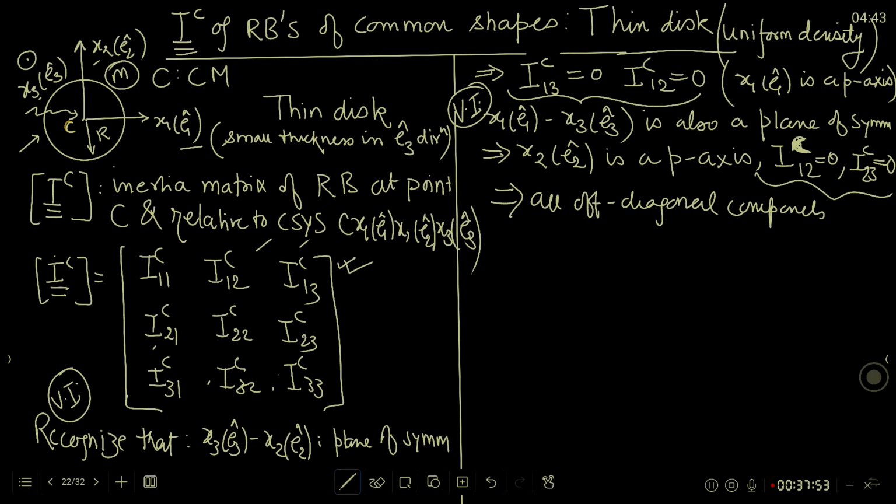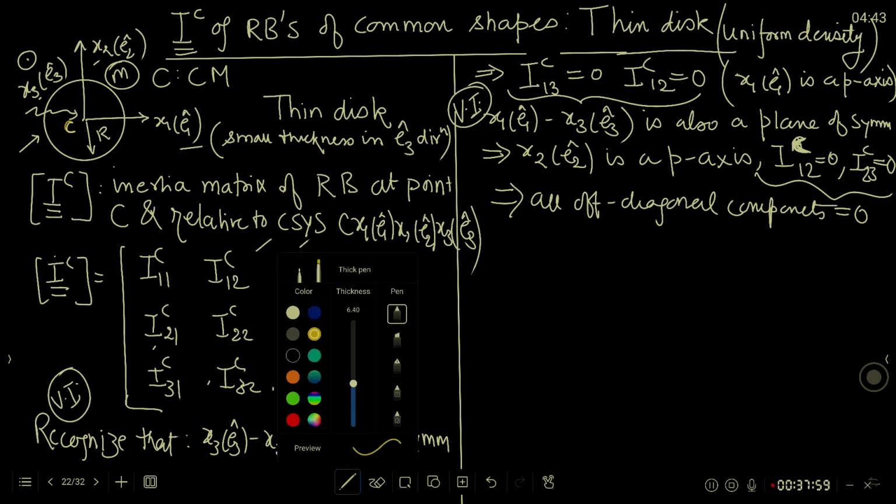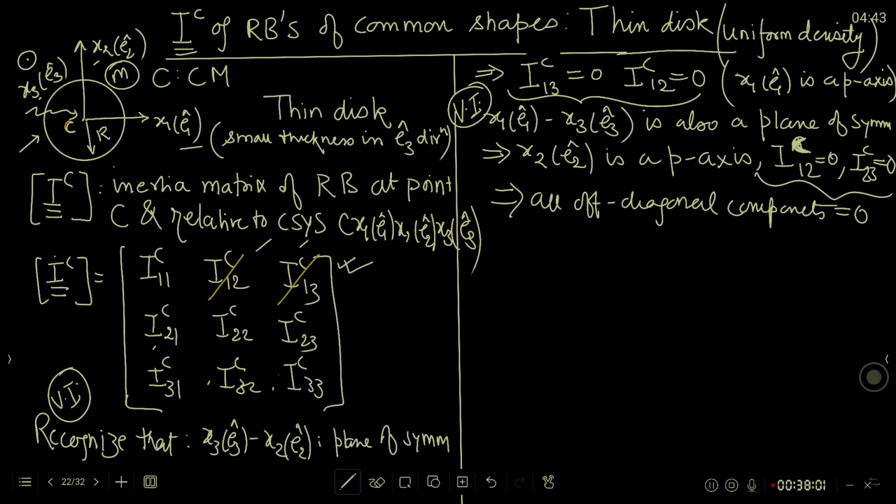You can just cancel these out: 13, 12 and 23. All 0. We are left with 3 potentially non-zero components which are lying on the diagonal of this matrix.